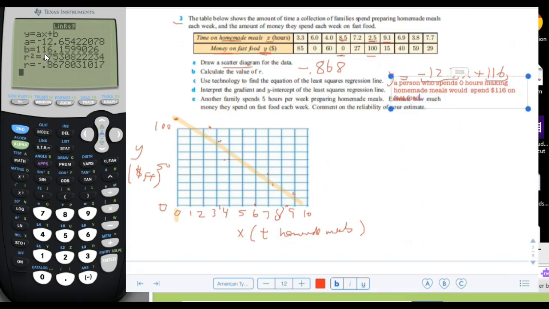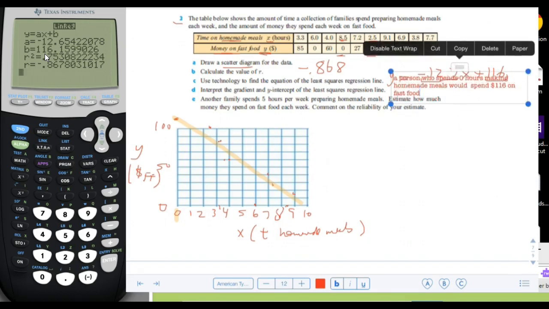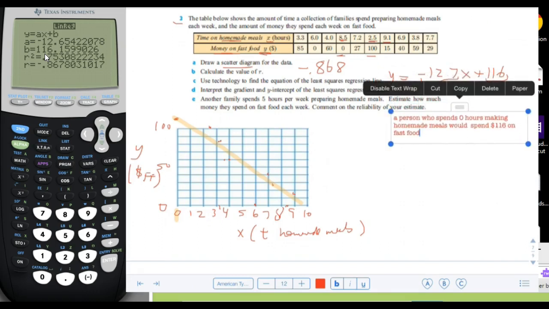Okay? All right. That is the y-intercept interpretation.